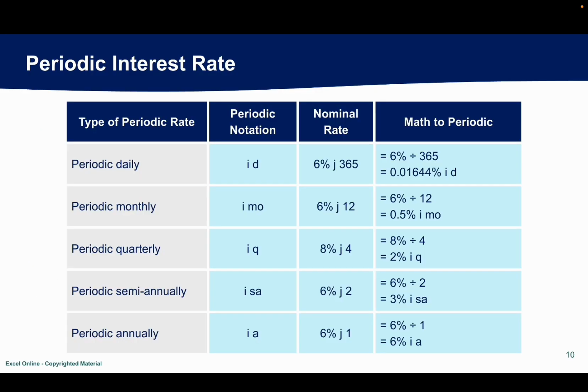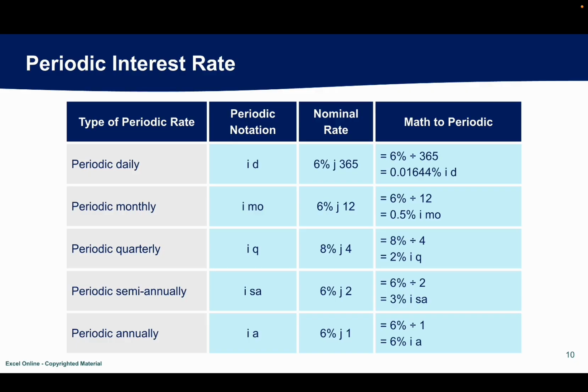So on this slide, we have a table with all the periodic rates. For day, it is ID. For month, it is IMO. For quarter, it is IQ. For semi-annual, it is ISA. And for annual, it is IA.